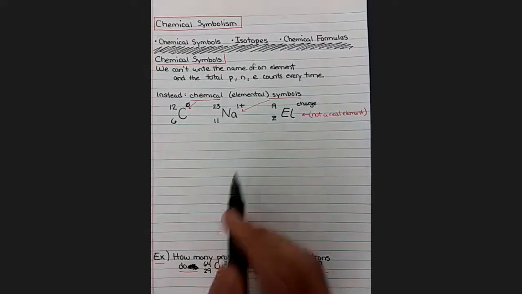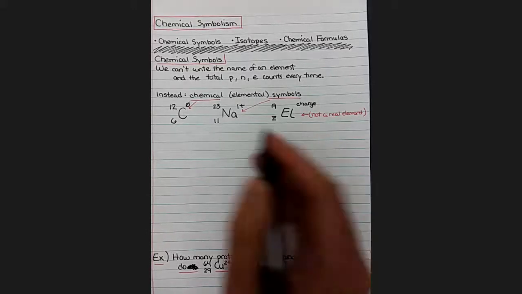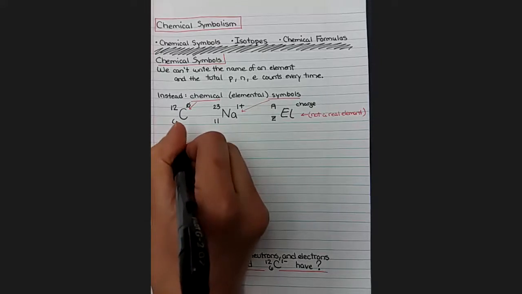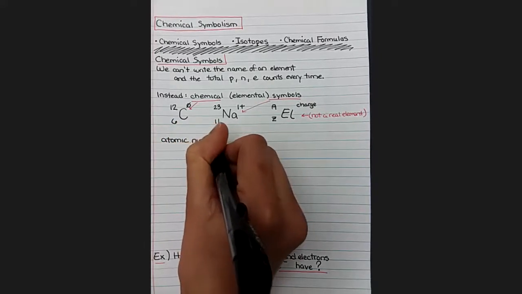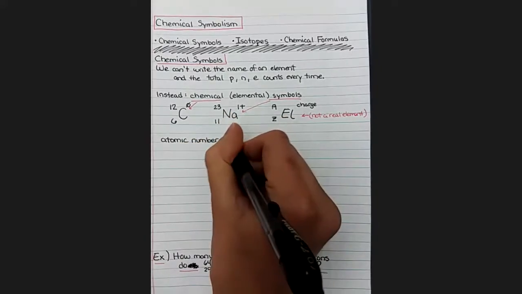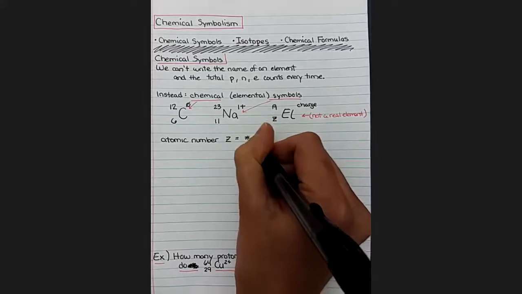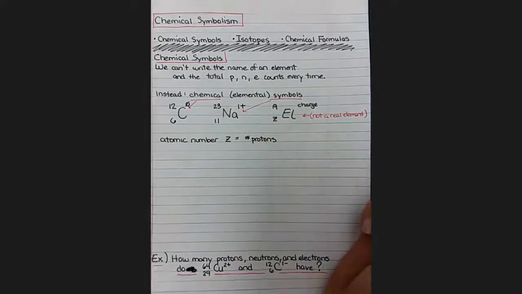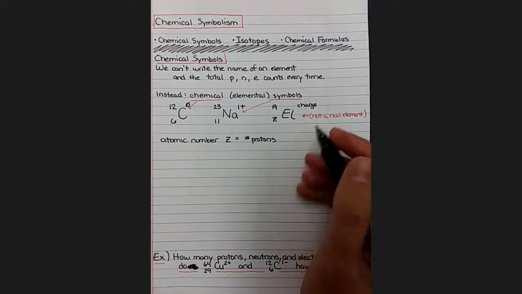Okay, so let's talk about these numbers that go along the side. So we'll start with the number at the bottom left, Z. That's called the atomic number. And if you're using it to do a calculation, it's called Z. So the atomic number is the number of protons that's inside of an atom of this element. And as we know, the number of protons is how we define what element it is.